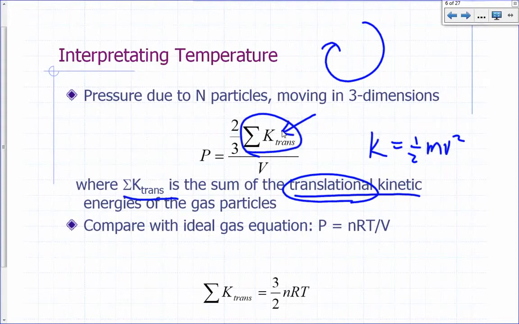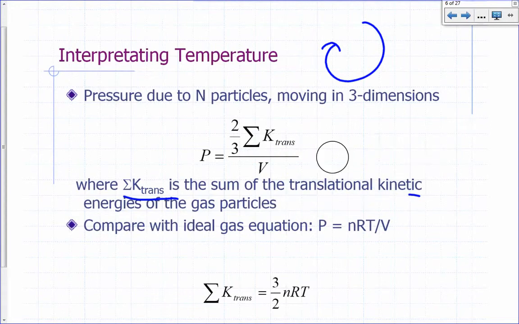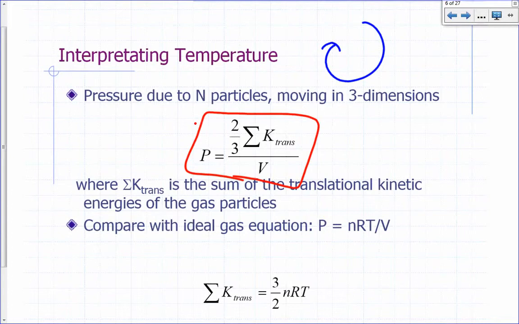So anyway, if you compare this equation right here, which you can derive by applying physics to a collection of molecules, we can calculate the pressure that they would impart on the wall. It's related to their translational kinetic energy. Let's compare this equation with the ideal gas equation, which says P is equal to nRT over V. Remember, the ideal gas law says PV equals nRT.